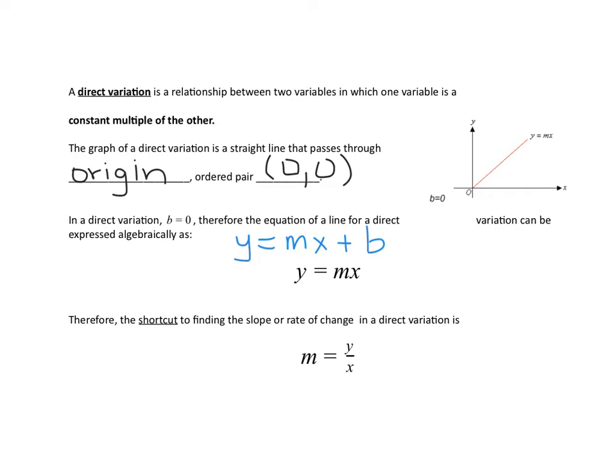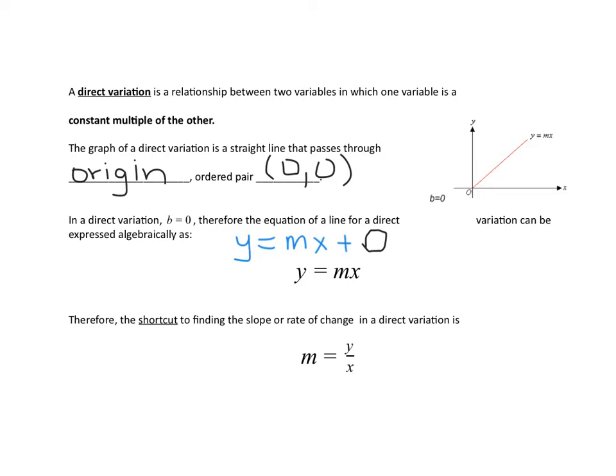I rewrote the template for the equation on the screen: y equals mx plus b. The only thing now is that I know what my b value, or initial value, is. I know that it is 0, so I can input that into my template. But to say mx plus 0 is kind of pointless, because that's like saying mx plus nothing.